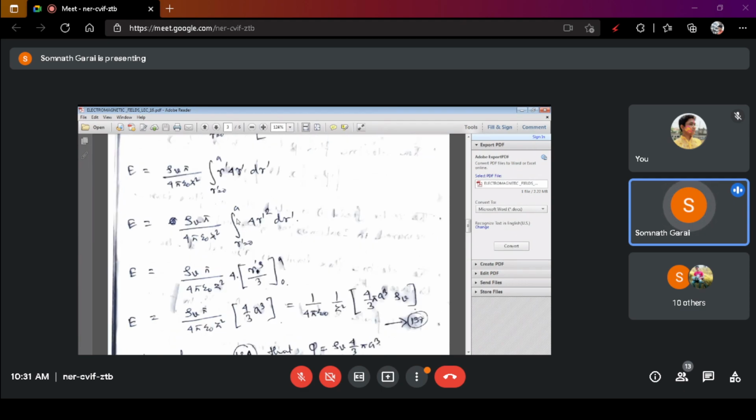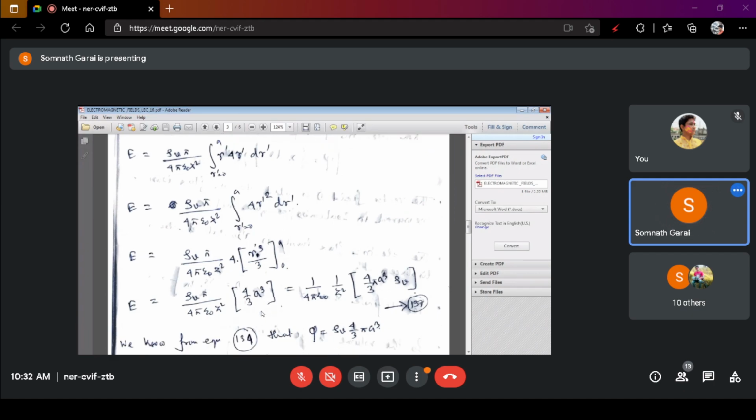Now, if we integrate r dot square with respect to small r dot, that is equal to small r dot cubed by 3. Now, if we put the upper limit and lower limit here, this amount will be 4 by 3 A cubed, right?